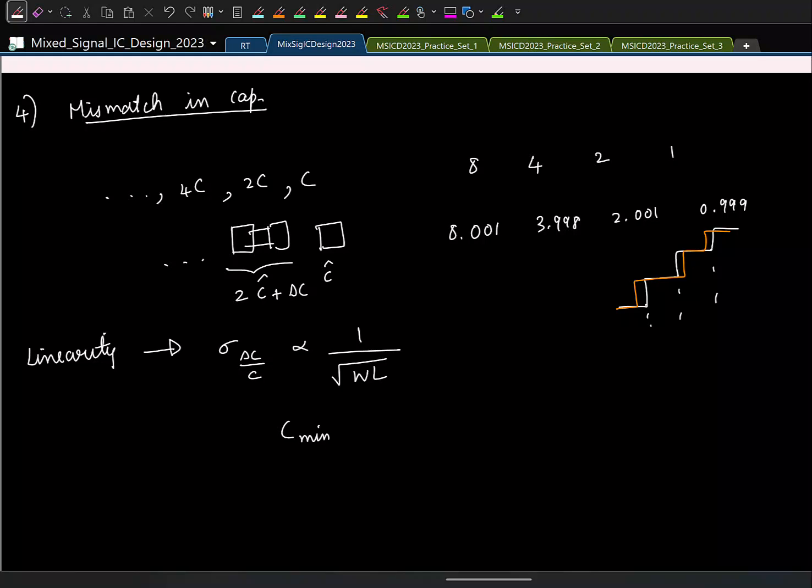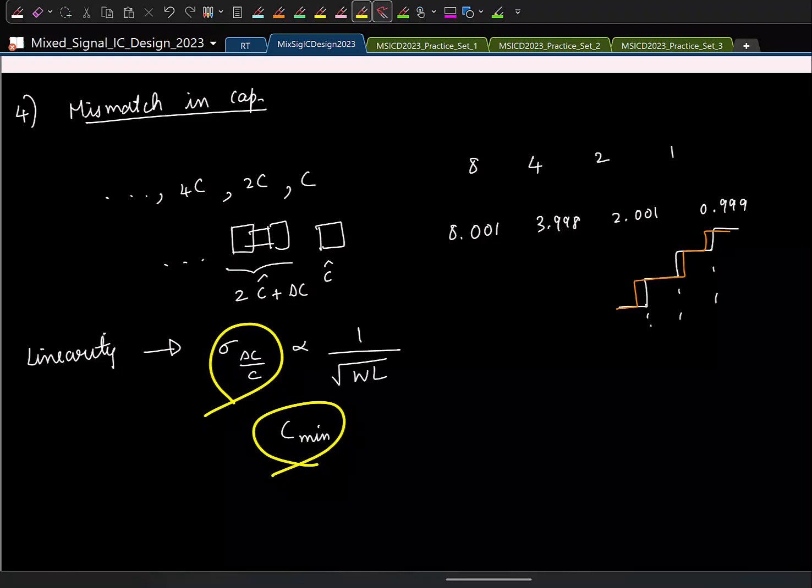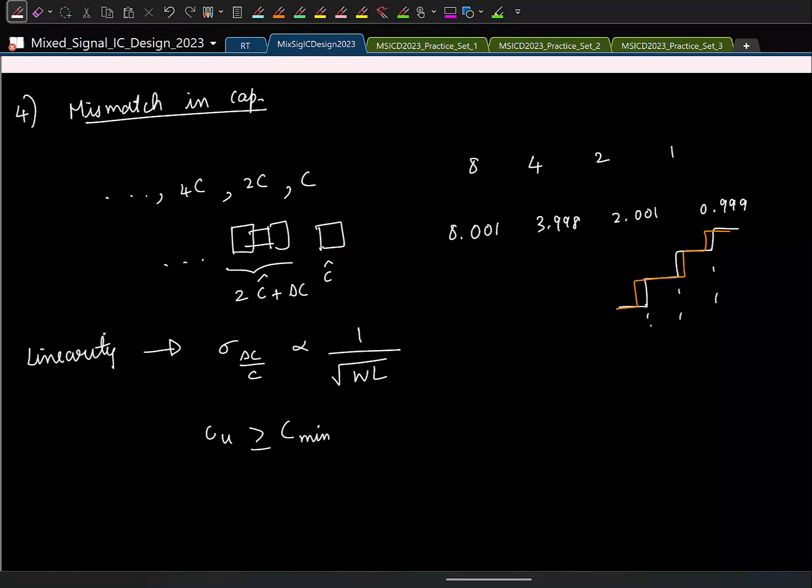More often than not, in practice in SAR ADC, the unit capacitor is decided by the minimum capacitance you can have to get a particular matching. So this will be your unit capacitance. It should be at least greater than or equal to this. So your total sampling capacitance will be 2 power n times this.